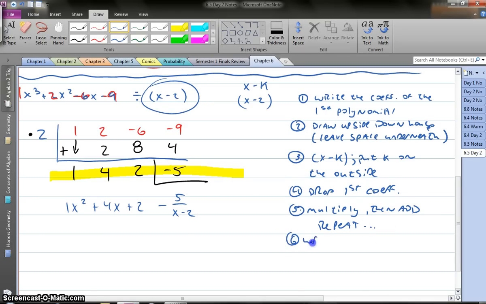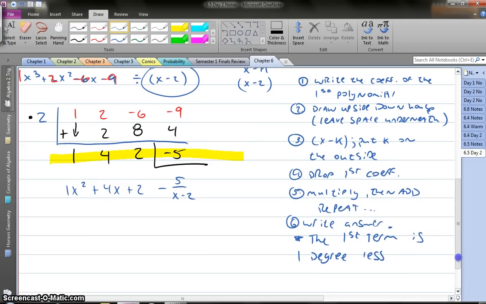Then step 6, write the answer, and keep in mind the first term is 1 degree less. And the last number is the remainder. Okay, so x squared, 1 term less than your original, and your last number here is always going to be your remainder.